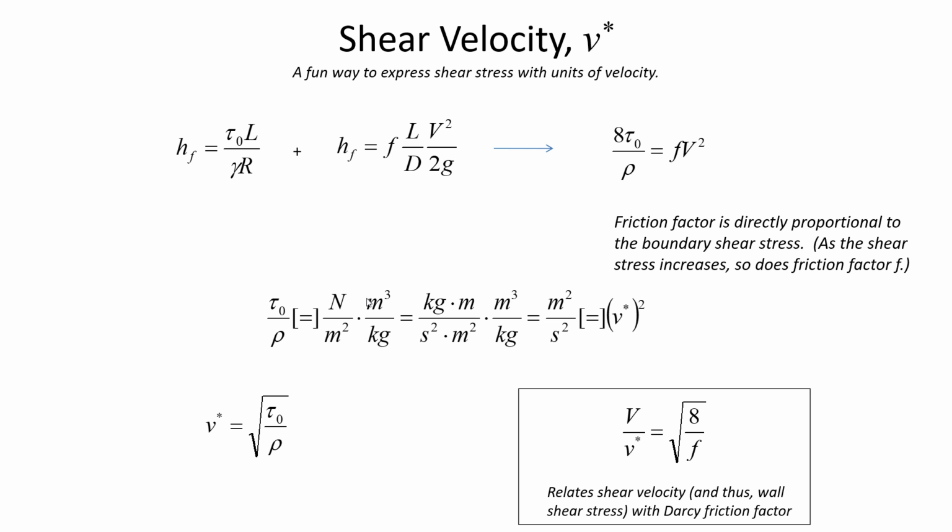So what it boils down to is that we can relate shear stress, velocity, and friction factor in this way. This is just talking about the amount of shear stress at the wall of a pipe as a function of the velocity of the flow of the water, and then the roughness of the pipe expressed as the friction factor.